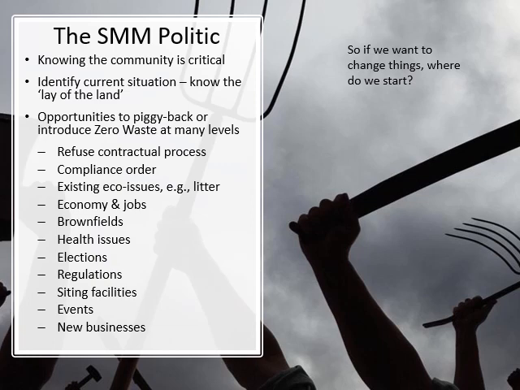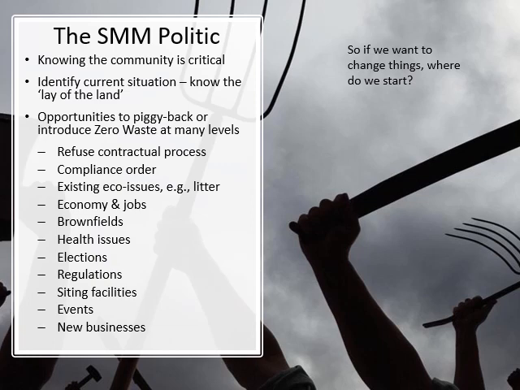Industrial espionage is always finding out what your competitors are doing. But here we're not talking about spying on anything, but rather finding ways that we can piggyback or introduce zero waste at many different levels in our society. And there are a number of ways that we can do this, and I've listed these under the third bullet.